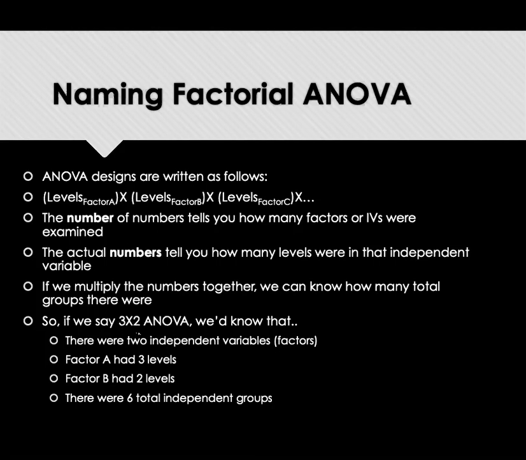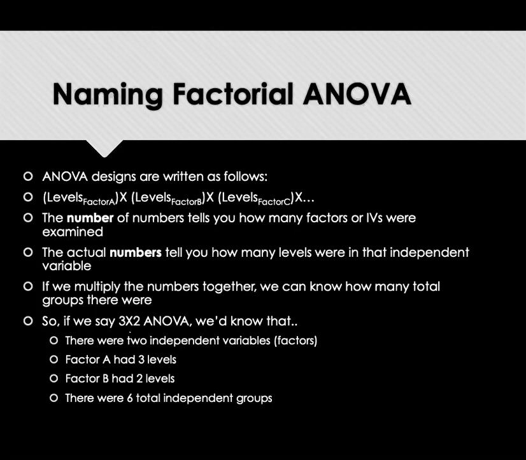If this was a 4 and a 3, or a 2 and a 2, or a 3 and a 6, as long as there are 2 numbers, then you know there are 2 independent variables. The other thing we can know about this notation is that factor A, or the first independent variable, has 3 levels, and factor B, or the other independent variable, has 2 levels.